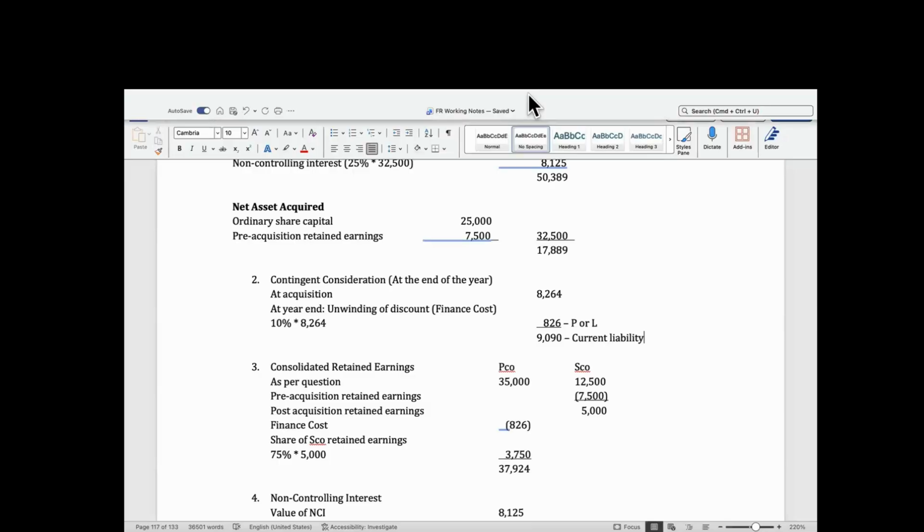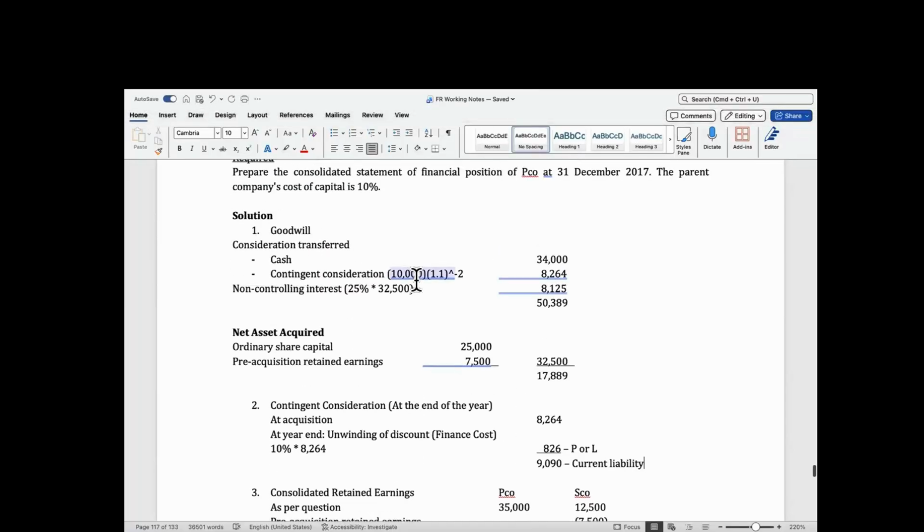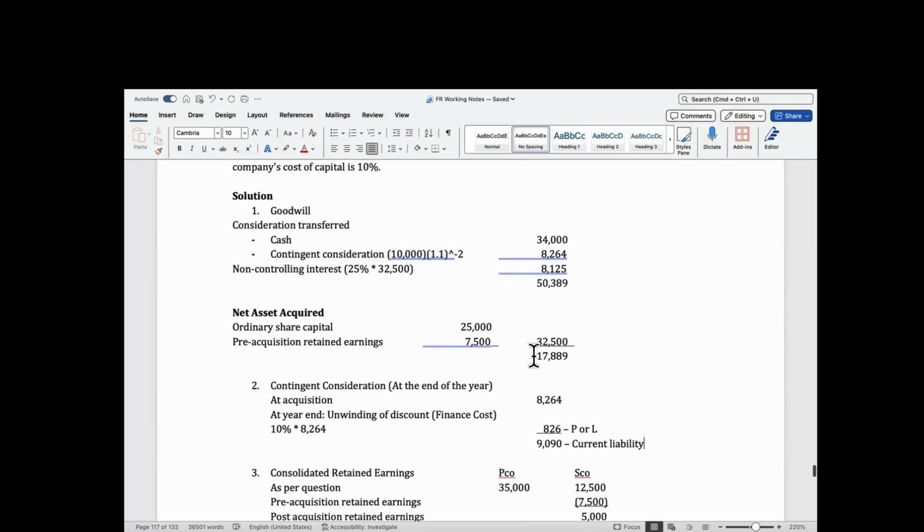Just debit the P&L. You just cancel out the contingent consideration at that date. Just debit the contingent consideration. You'll probably be crediting either your P&L or thereabout, because ordinarily now, the contingent consideration has impacted to a large extent the value of our goodwill.